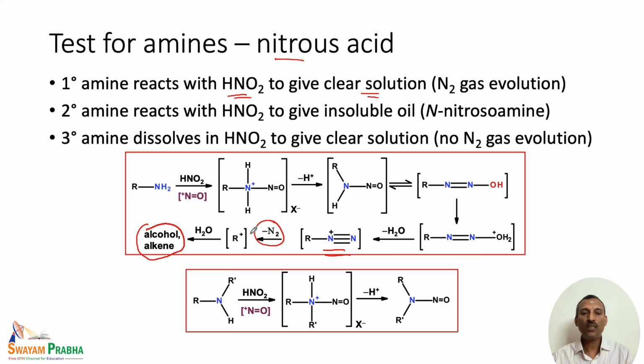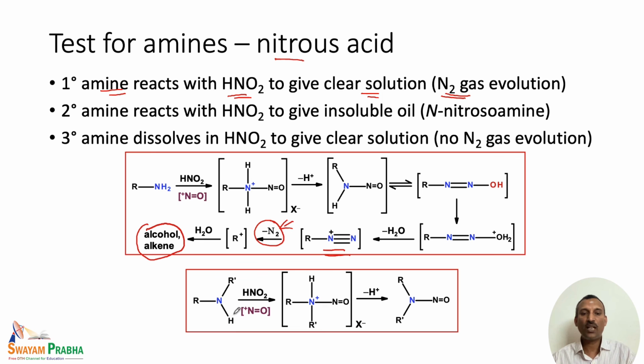As you know how the carbocation can undergo reactions, the same reactions are happening here. With that we can find out whether the given compound is a primary amine or not. This will give evolution of nitrogen. This is one of the crucial steps: evolution of nitrogen is an indication of how the reaction proceeds, and also tells that we have a primary amine.